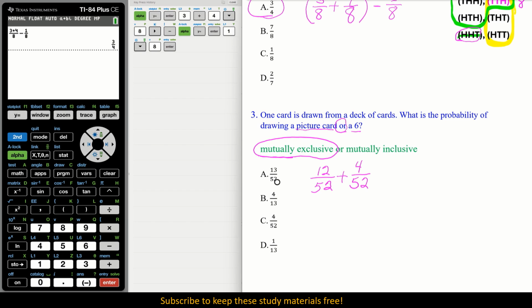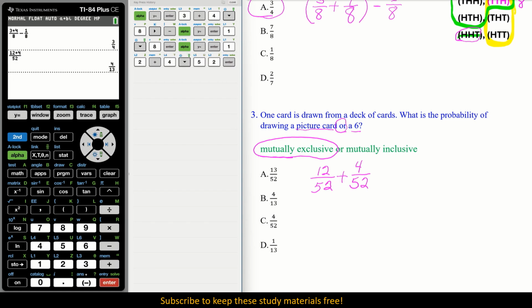Okay? And yes, I'm going to go ahead and use a fraction. Okay, so alpha y equals, that's number one, enter. Okay, I have 12 plus 4, arrow down, 52, push enter, and that's 4 over 13, which is option B.